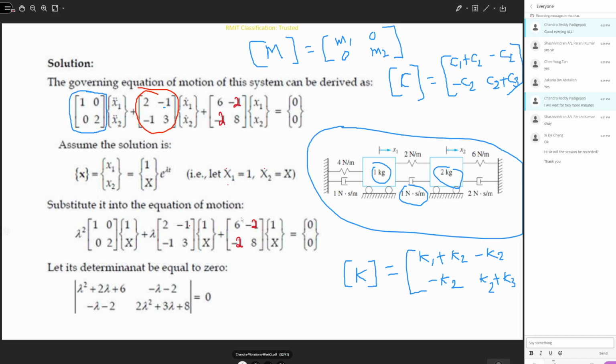K1 plus K2: K1 is 4, K2 is 2, so 4 plus 2 is 6. Minus K2 is minus 2.